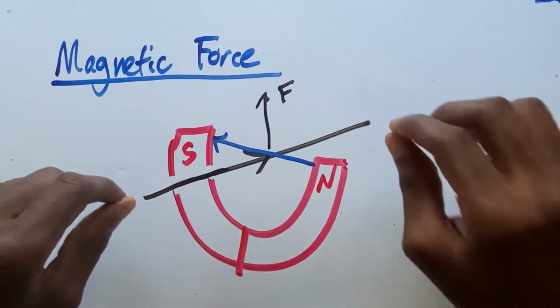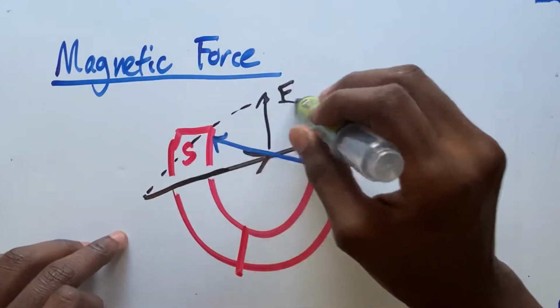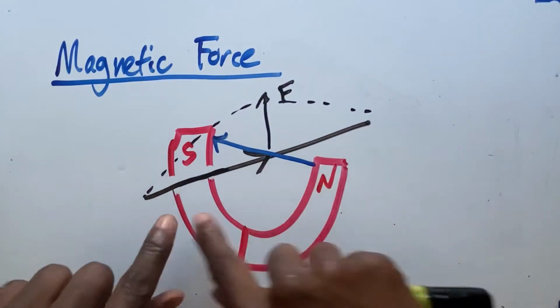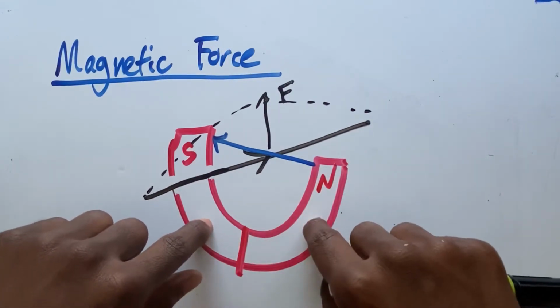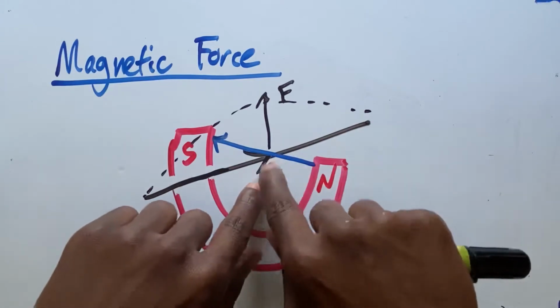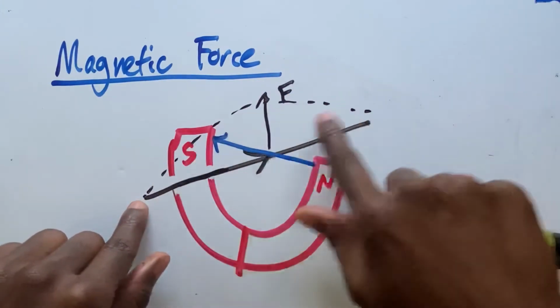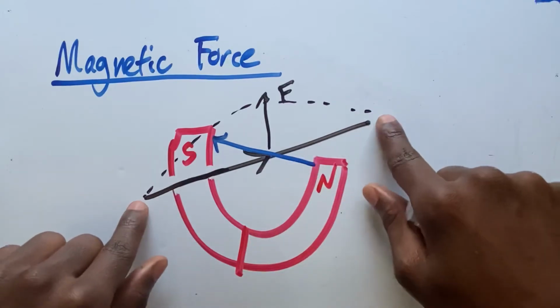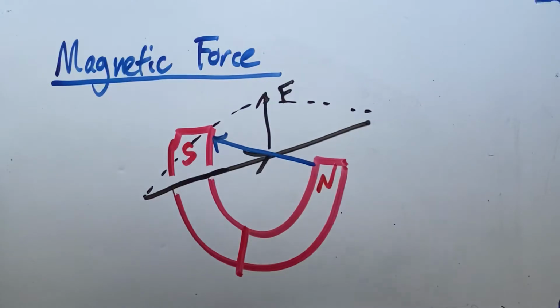So basically, if we put this wire inside of this external magnetic field made by the magnet, it's going to be pushed upwards through this dotted line path, due to the magnetic force.